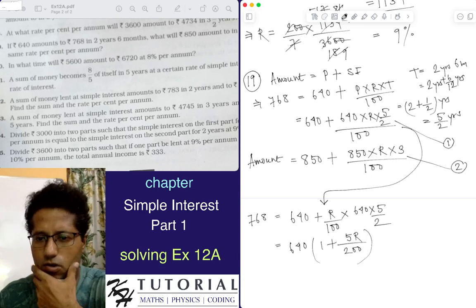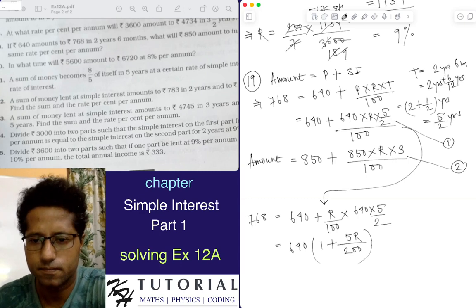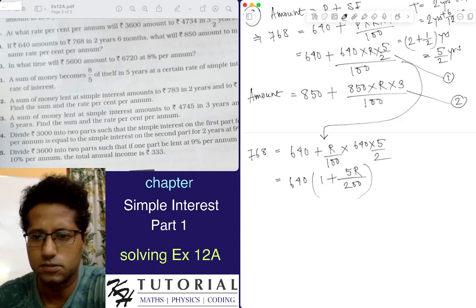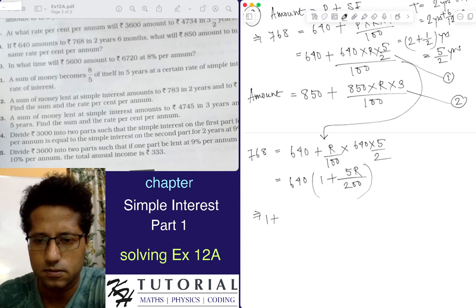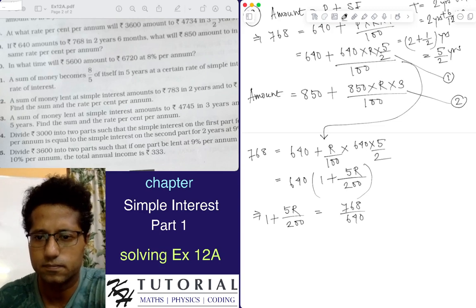If I take 640 common from the right hand side, I get 1 plus 5R by 200. Now this implies that 1 plus 5R by 200 will be equal to 768 by 640.